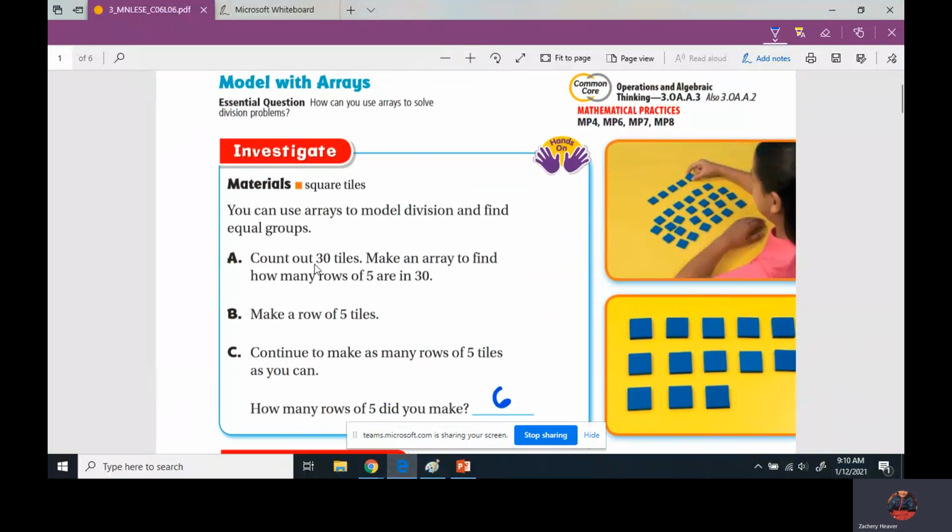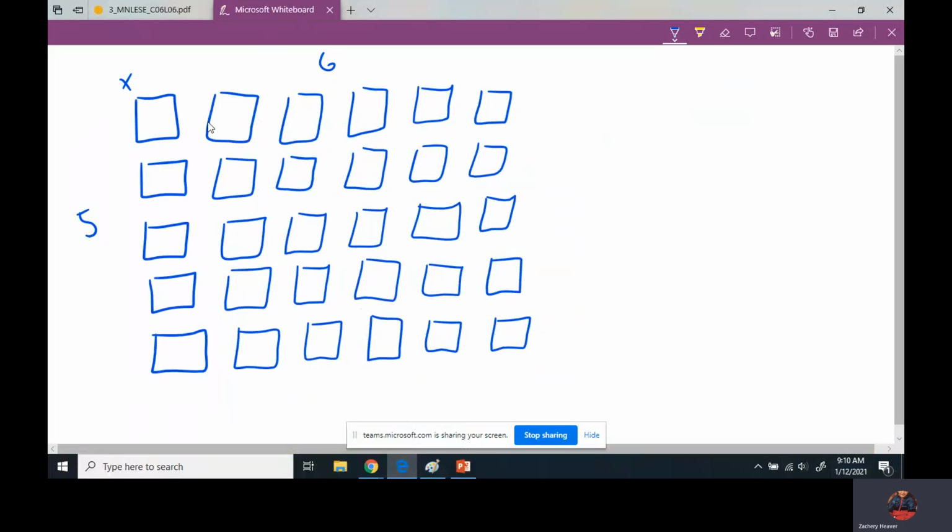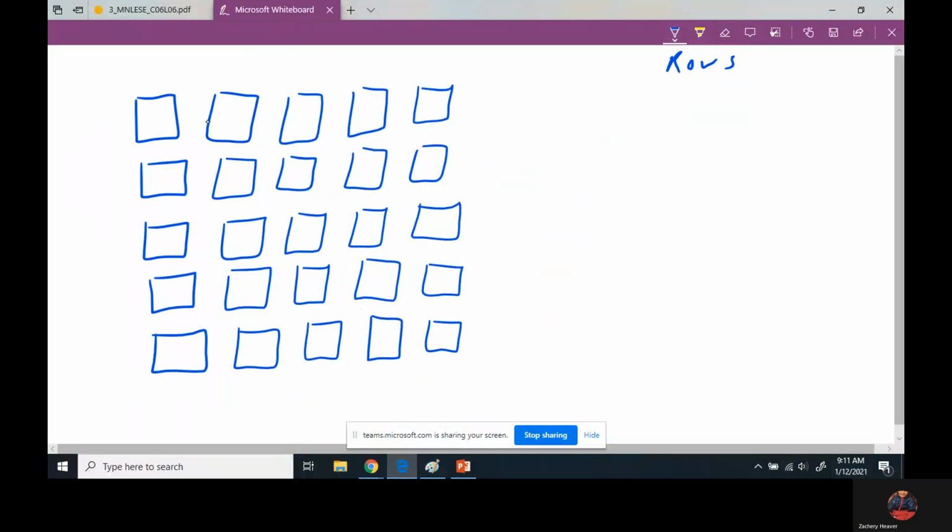Count out 30 tiles and make an array that has 5 rows, or how many rows are in 5 of 30. So let me fix this real quick, and let me just erase straight down. So we know rows are on top, columns are down the side.